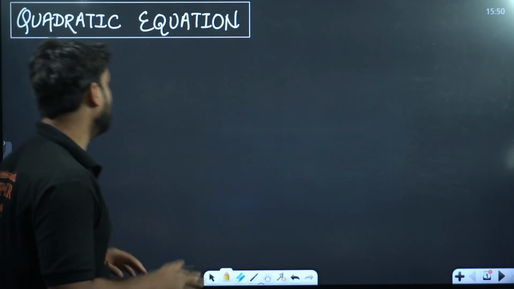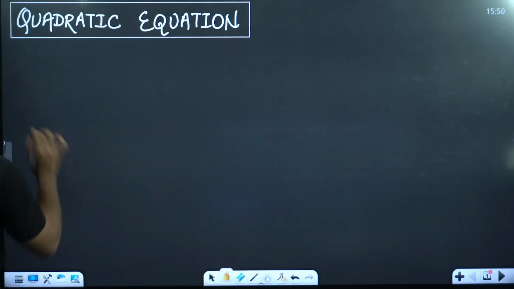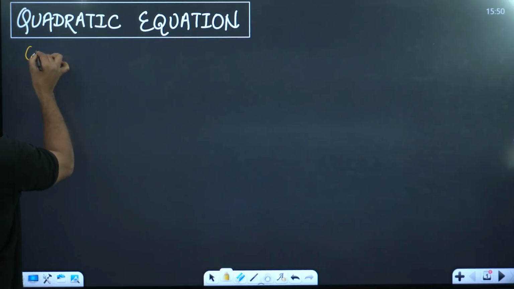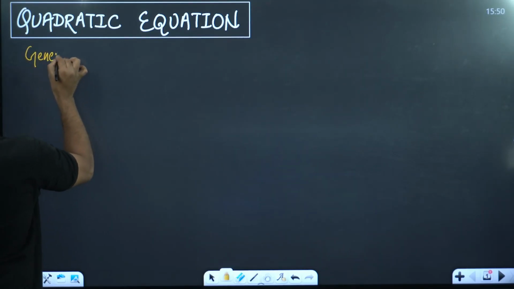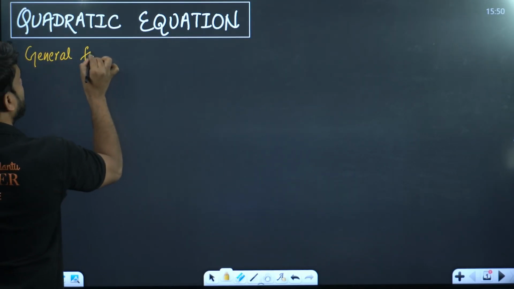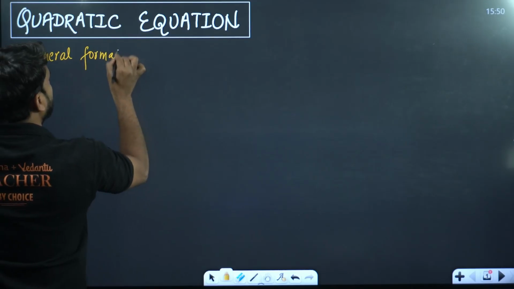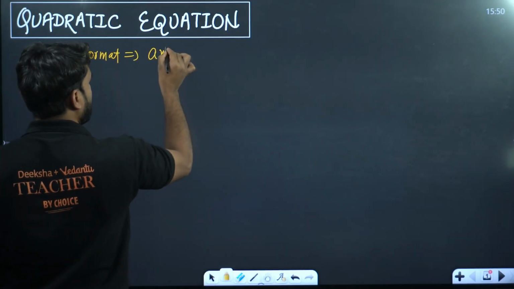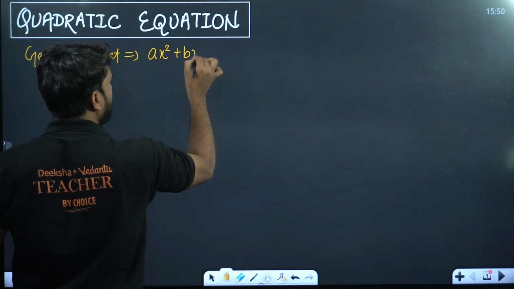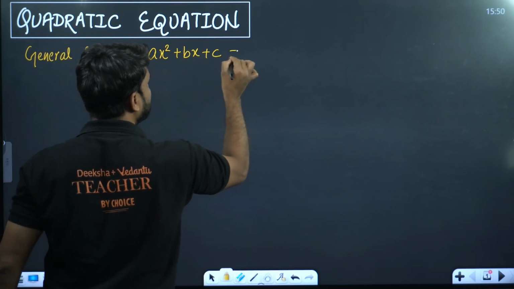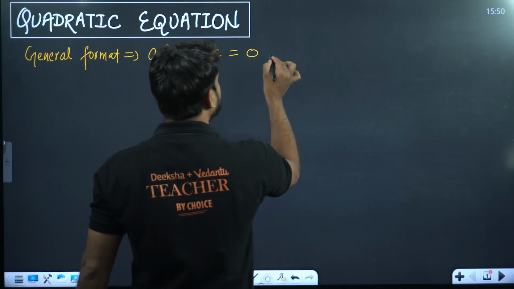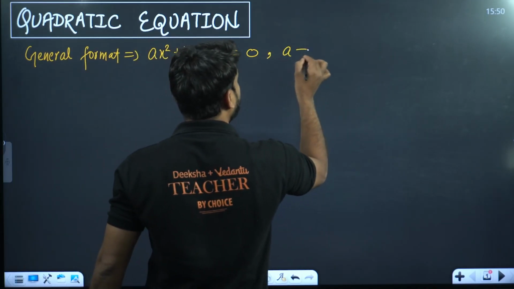So for example, let me show you the general format of quadratic equation. General format of quadratic equation is ax square plus bx plus c is equal to 0. And in this equation, a can't be equal to 0.